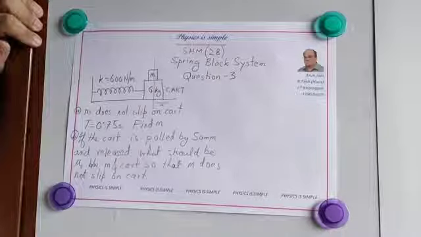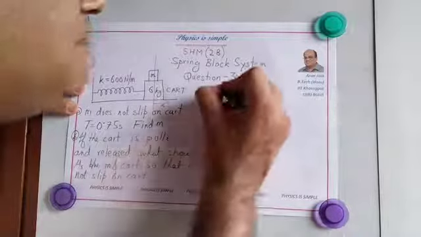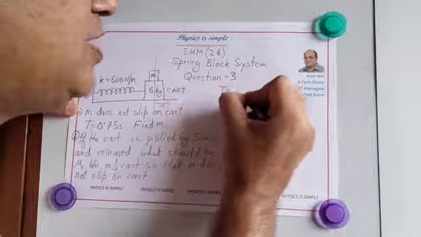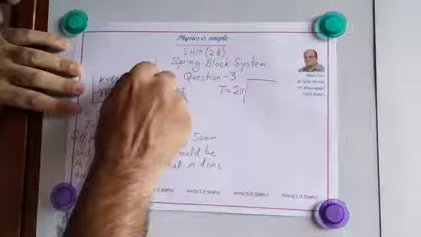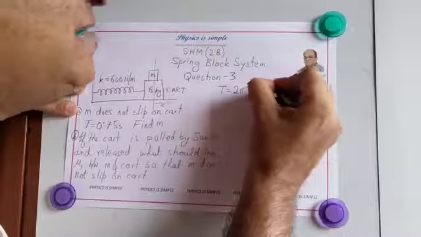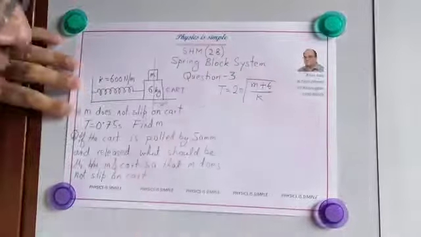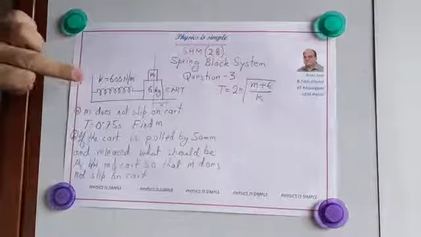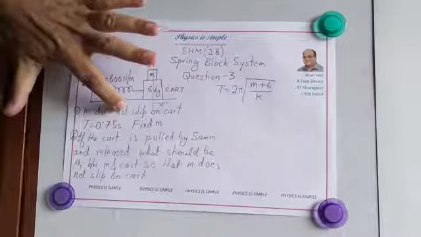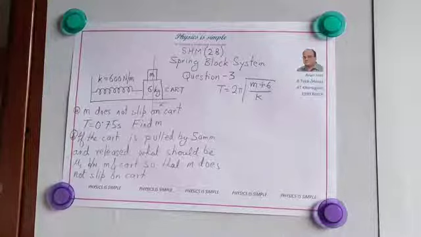We know the formula for time period of a spring block system. Time period will be 2 pi root over total mass, M plus 6, because they are moving together, divided by the spring constant K. We have to find M. Now, if we write time period as 0.75 second, squaring that will be difficult.